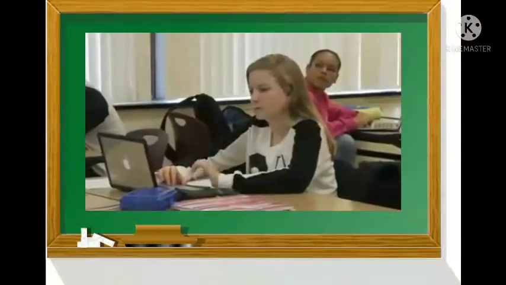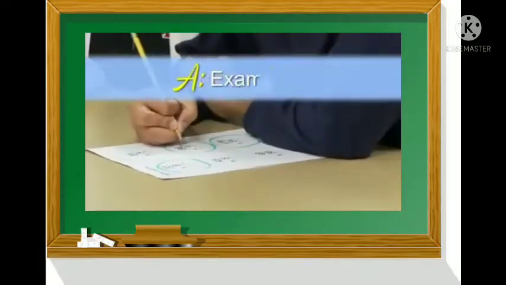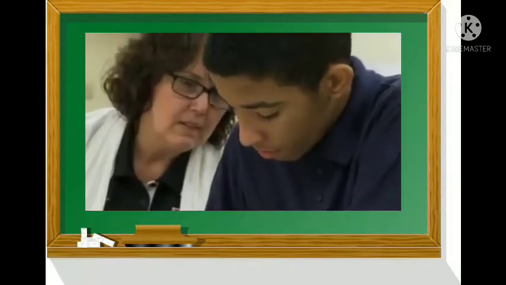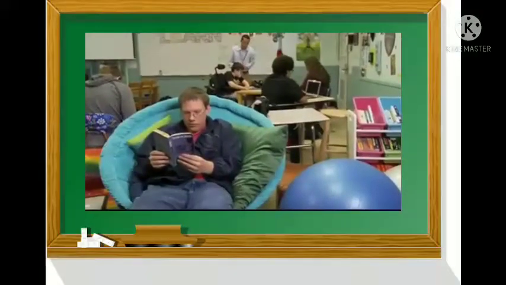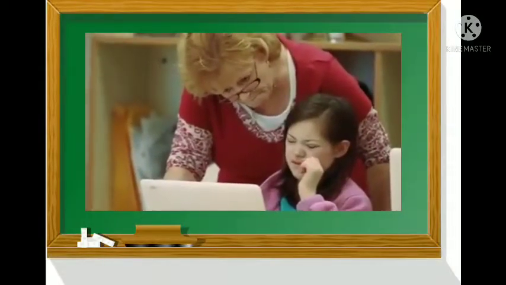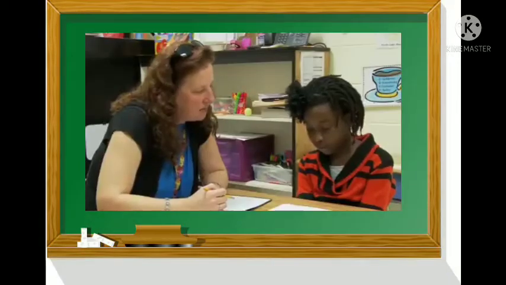Because each child is unique, the IEP team must identify specific strategies to help your child succeed. For example, presenting a few math problems at a time may help a student who is easily overwhelmed. Another student might benefit from short breaks or being allowed to finish an assignment at home. A student who has difficulty writing may be allowed the use of a computer, while students with a print disability may benefit from having tests read aloud.